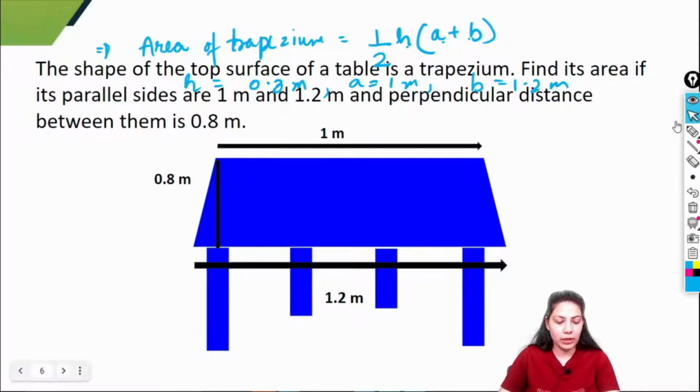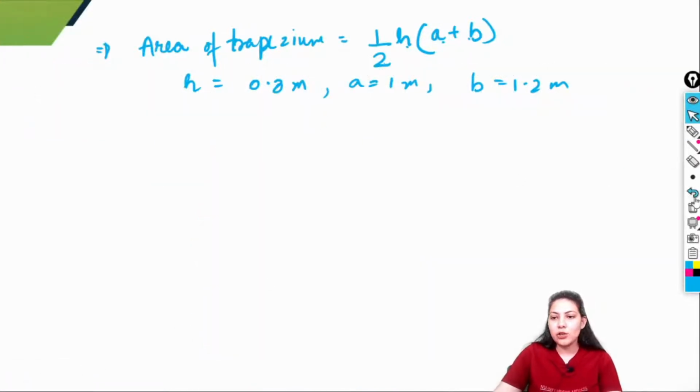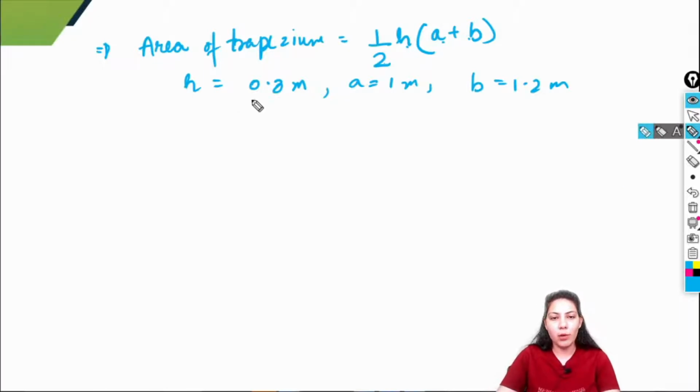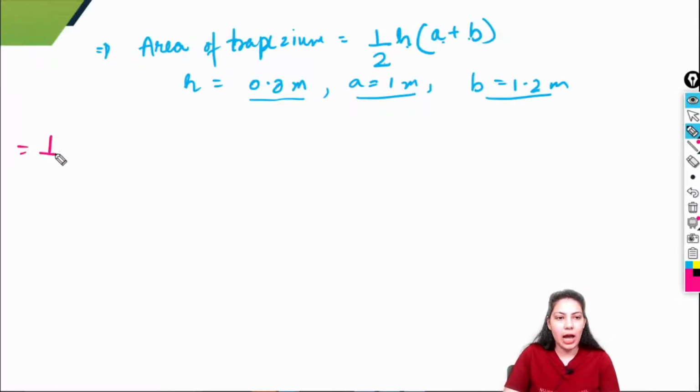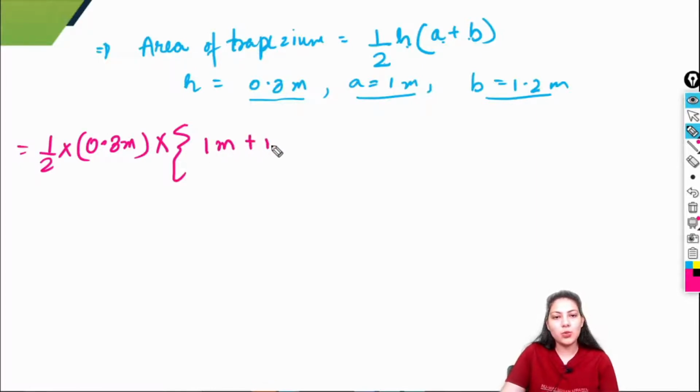The height given to us is 0.8 meter. The first parallel side is 1 and the second parallel side is 1.2 meter. So let us directly substitute these values into our formula. So half into height is 0.8 meter into a plus b, that is 1 meter plus 1.2 meter.